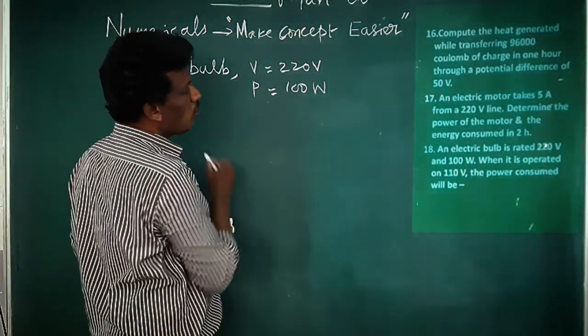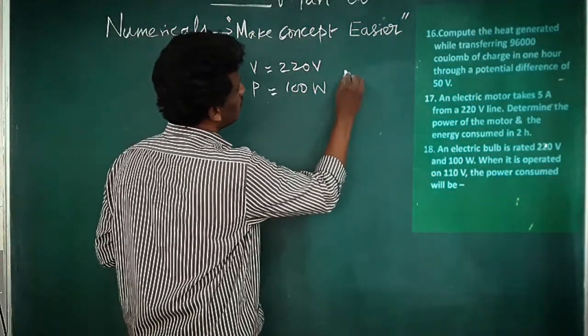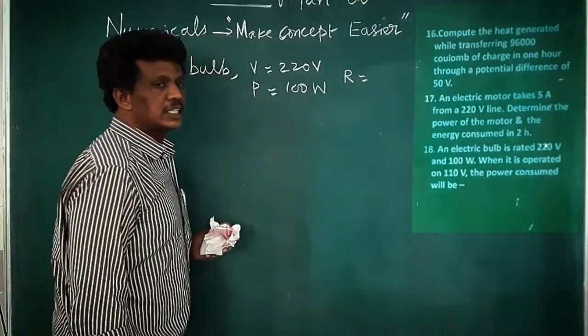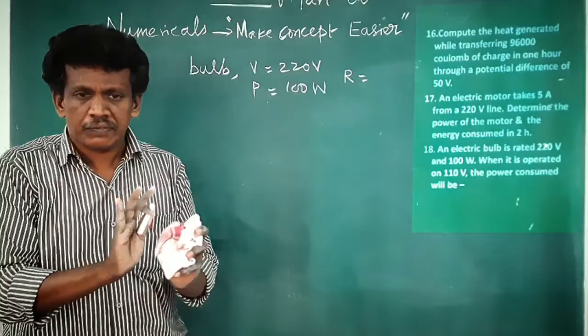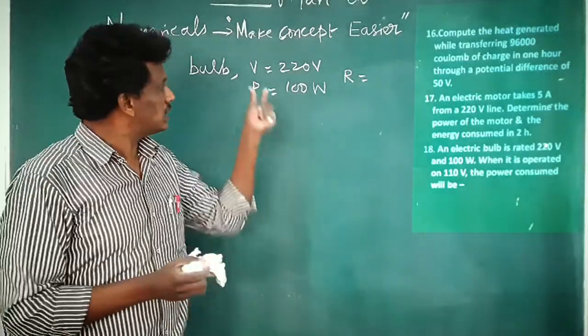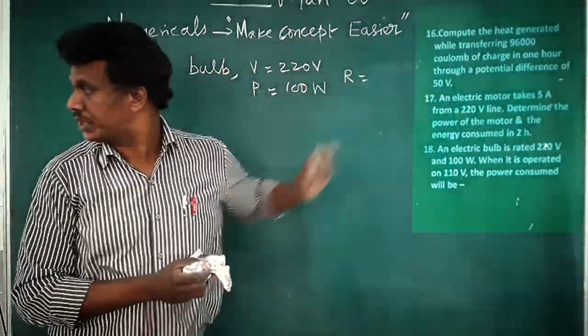Using these two, what can you find out? You can find the resistance, because when you change the potential difference, the resistance of the electrical appliance will not change, since the same electric bulb is used.